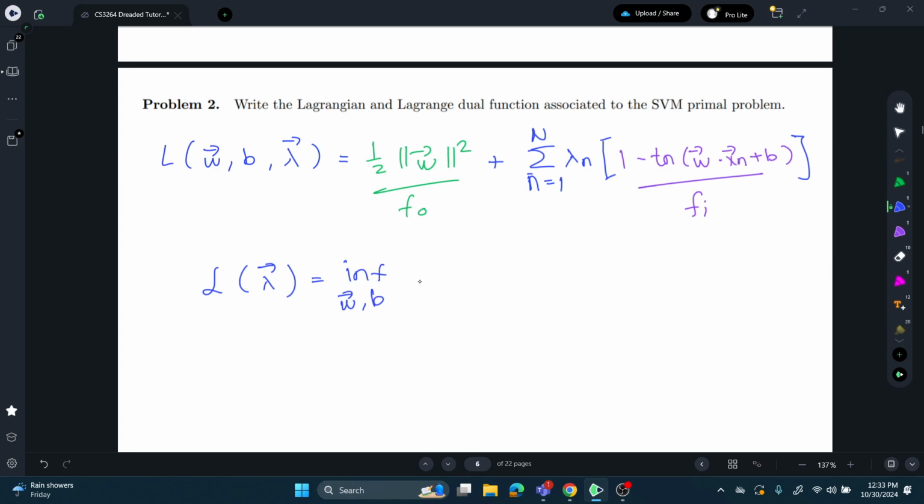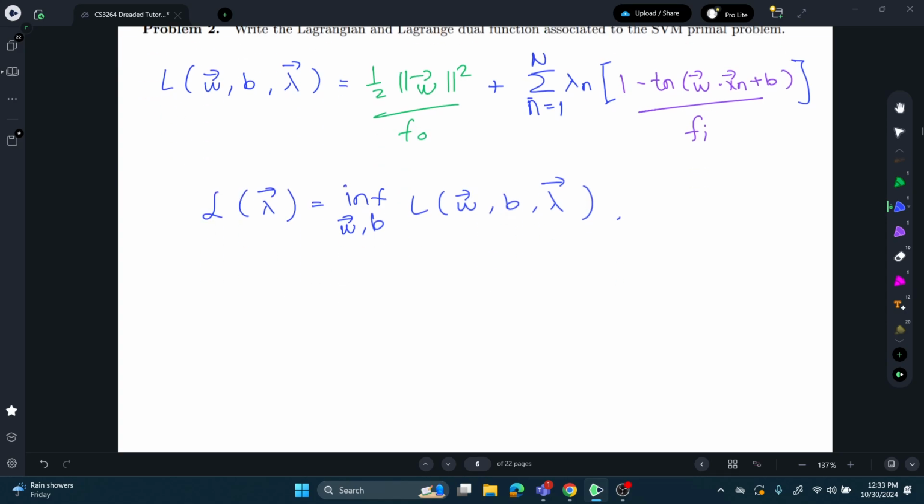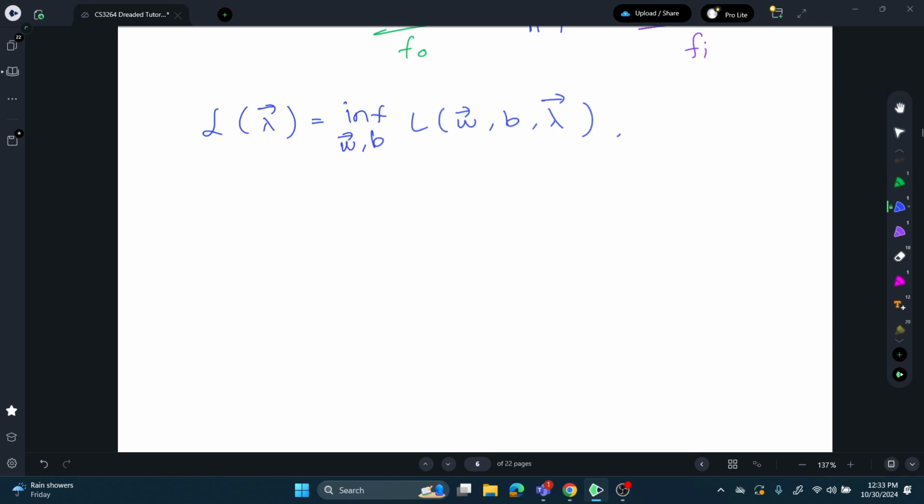We want to minimize this Lagrangian function. Okay, questions? So when I want to minimize this Lagrangian function, what will come to mind if I want to minimize this with respect to w and b? And for this point, you should already know that you have to use derivatives.